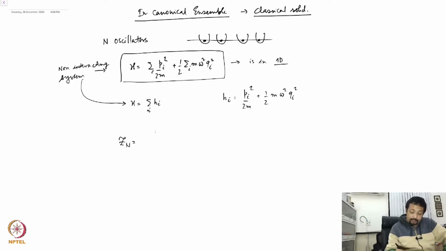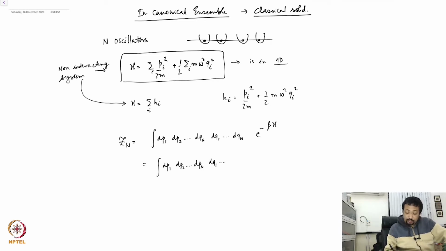The n particle partition function is the integral dp1, dp2, ..., dpn, dq1 to dqn e to the power minus beta H, which becomes the integral of e to the power minus beta sum over i of p_i squared over 2m plus beta by 2 sum over i of m omega squared q_i squared.